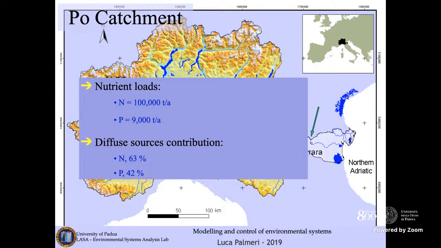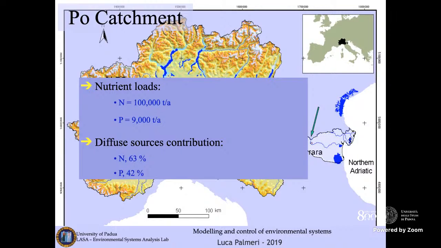Nutrient loads, as estimated by the Po River management authorities in the past years, and we are talking about the late 80s and 90s of the last century, are around 100,000 tons per year of nitrogen and 9,000 tons per year of phosphorus.